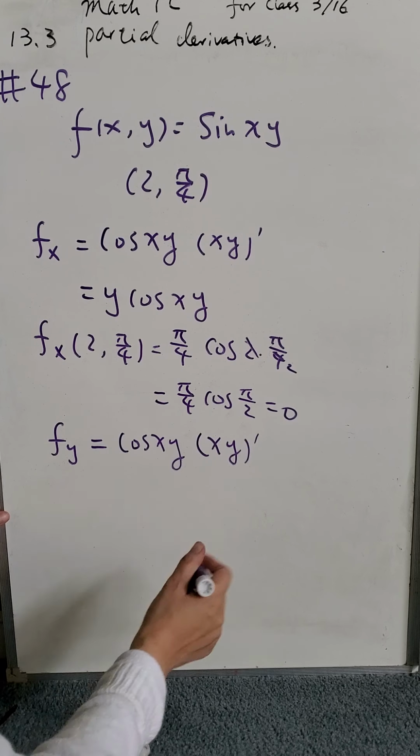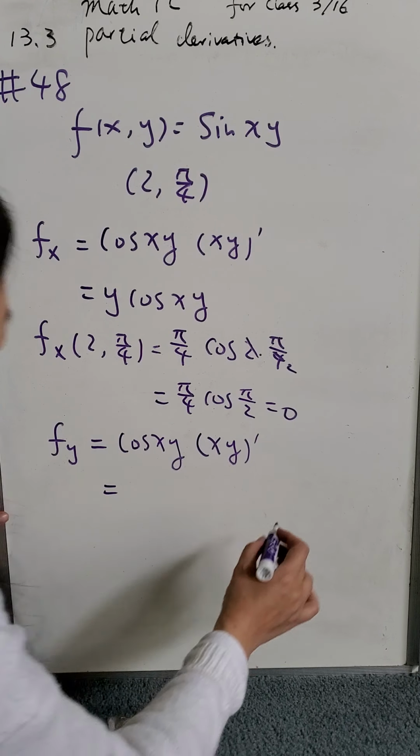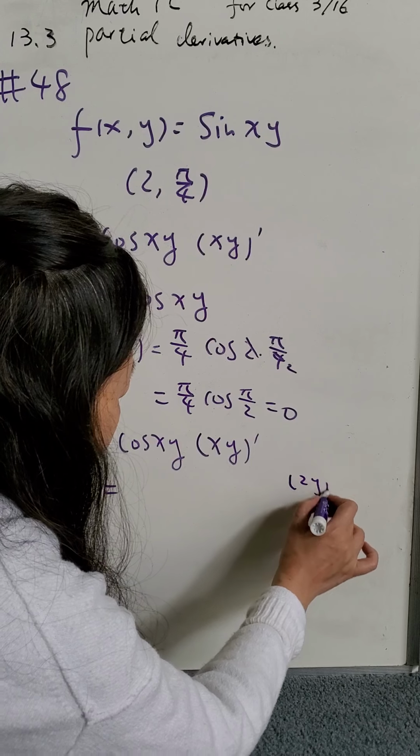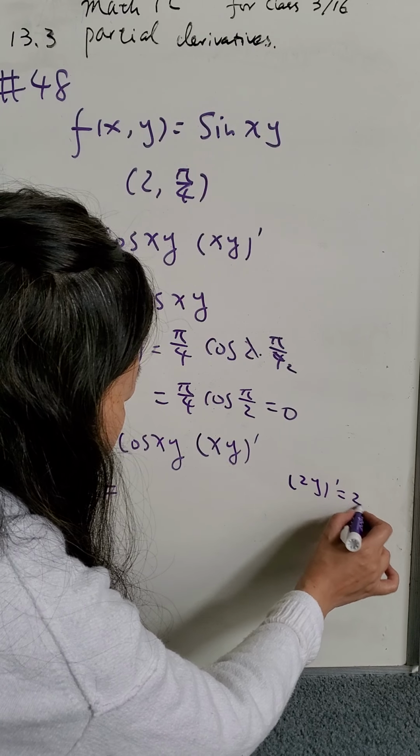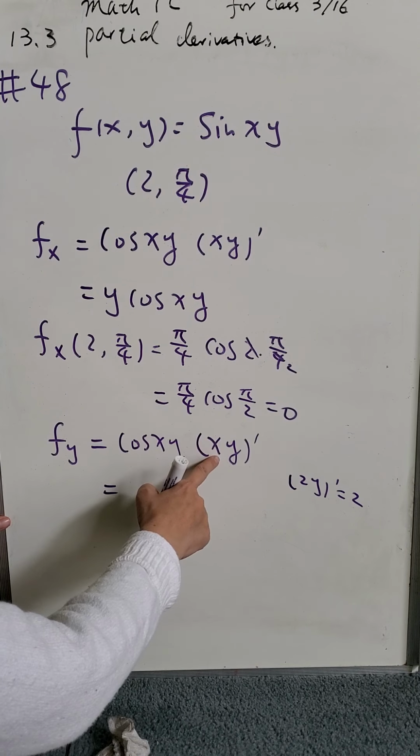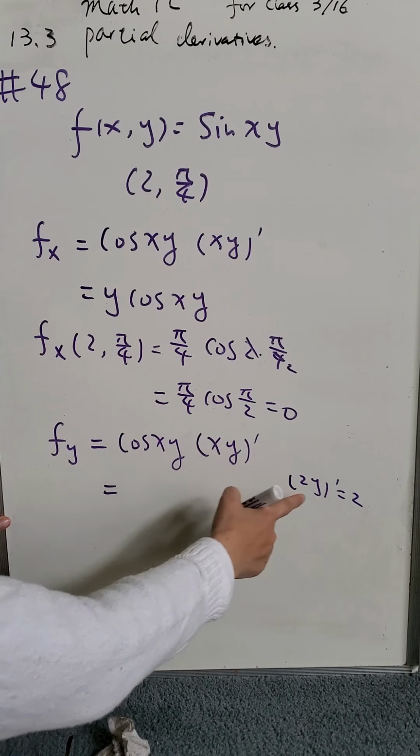If you have (2y)' prime, it's just equal to 2, because x is like a 2 there. So if you take (xy)' prime, it's just equal to x. So this becomes x cosine xy.